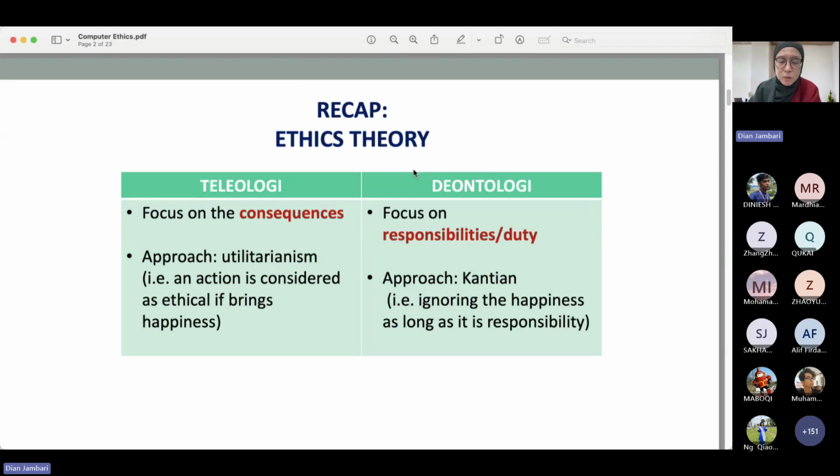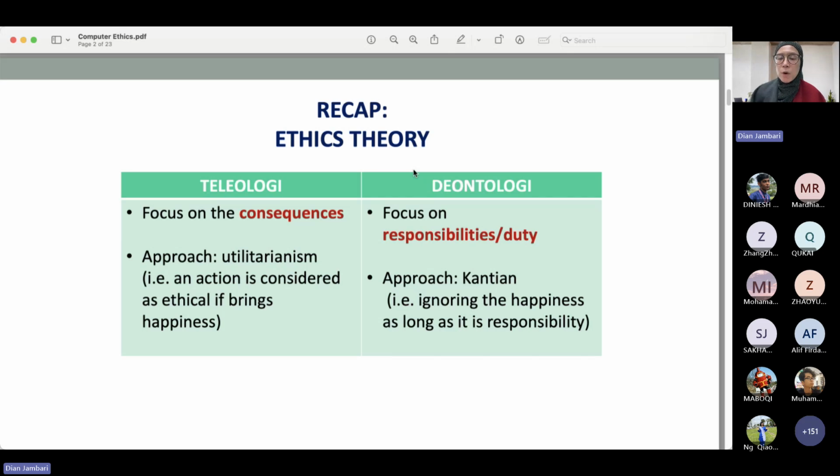We want to ensure that it's a good consequence, that it's not going to cause harm, so we focus on the impact. Our ethical consideration is guided by making sure that the end game, the consequences, is good. Whatever we do, we always think of the consequences. That is the teleology approach.